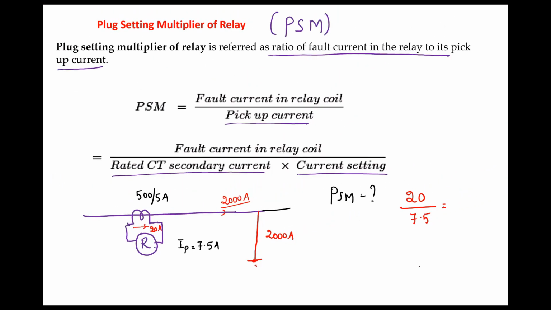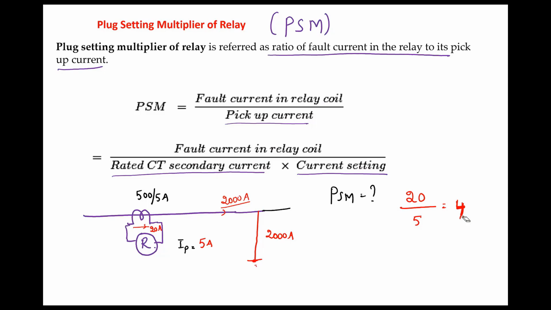This is your PSM value. To make our life easy, let us take our pickup current as 5 ampere, just to make the calculation easy. So your PSM value will be 4. Understand?